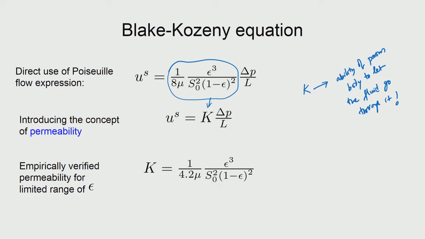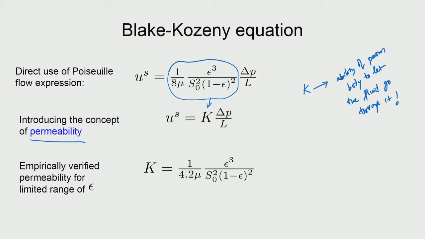So, it is telling you how efficiently the pressure drop converts into the velocity. If it converts to give you high velocity, it means that it allows the fluid to go through very easily, and if it does not, it means that it causes a lot of obstruction to the flow going through it. So, it is nothing but permeability. So, permeability coefficient is what we want to call k.